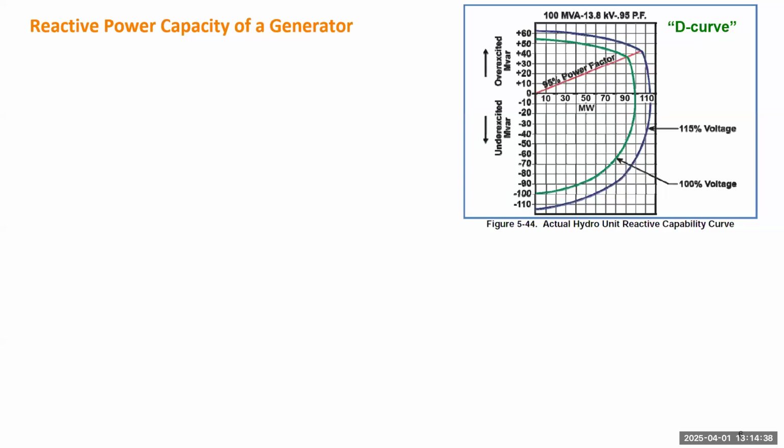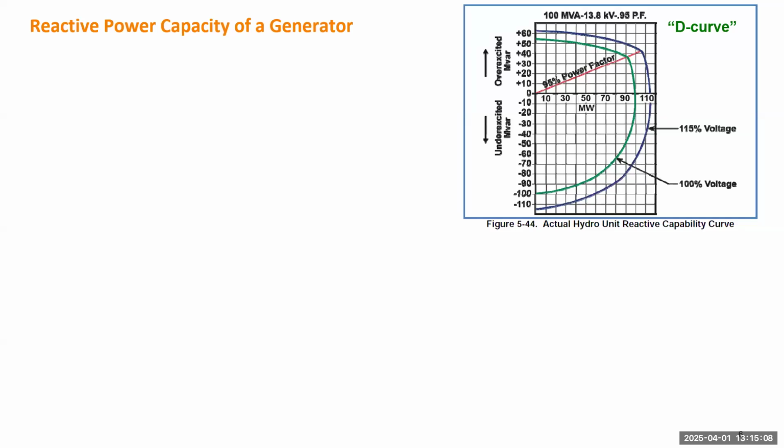X is P, Y is Q. Because it's about a generator, we assume P is always positive, and Q can be positive or negative, which means while the generator is generating active power, it can either provide reactive power or consume reactive power. That will determine whether you operate in the top, which is the over excited condition, or the bottom, the under excited condition.